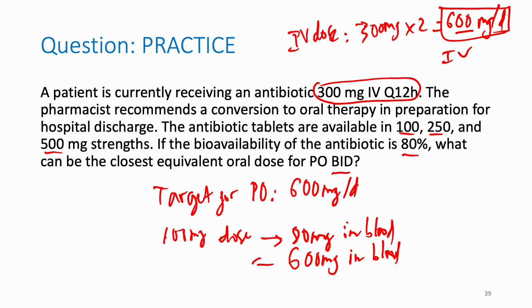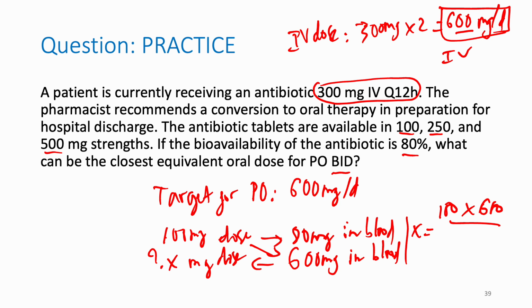Then you calculate proportionally how many milligram of dose you should have. If I call it x, then x will be equal to 100 times 600 divided by 80. So x will be equal to 750 milligram per day.